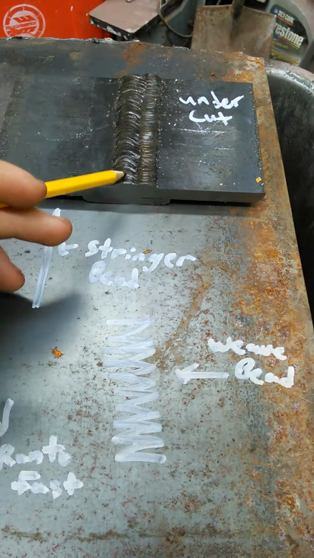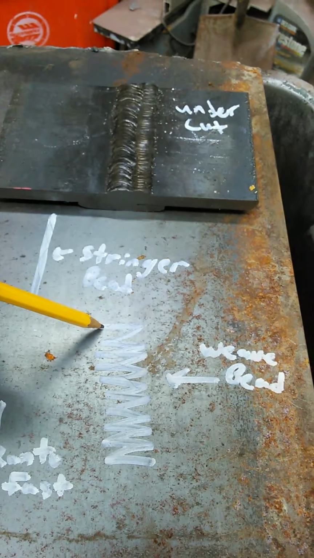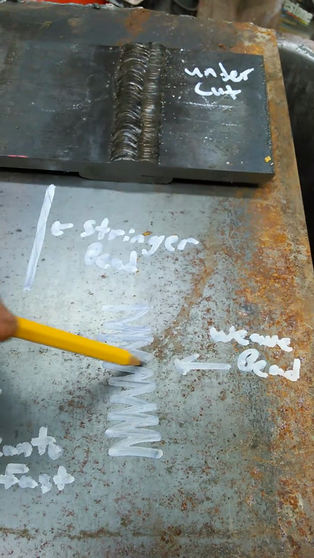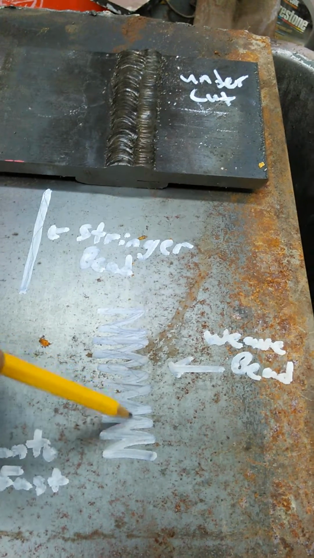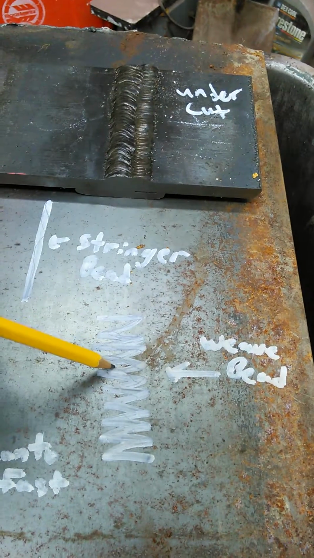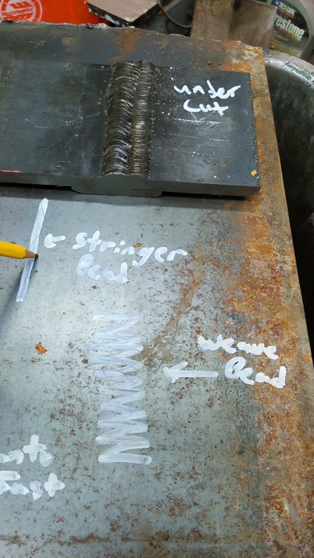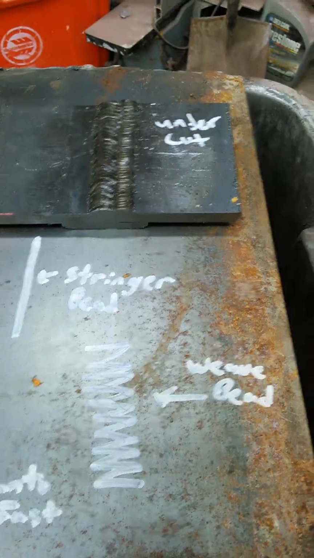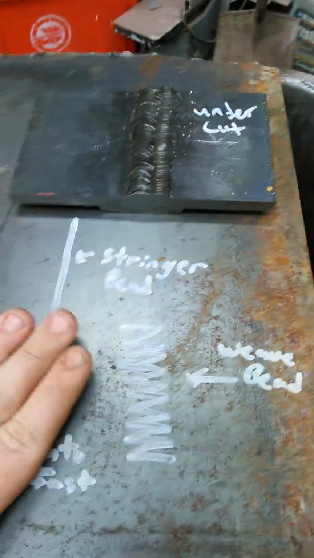With this one, I did a Z weave, so it kind of looks like this. It's a back and forth motion as you're traveling. I find that these weave beads are a lot stronger than stringers, but that is my own opinion. It may also be true, but I'm just saying that is my opinion.